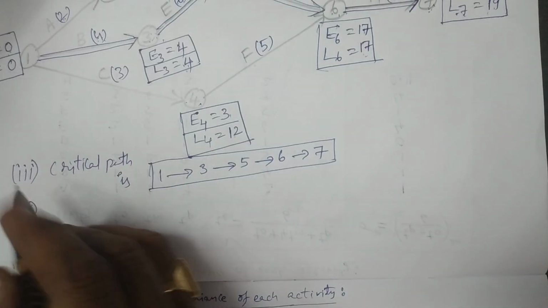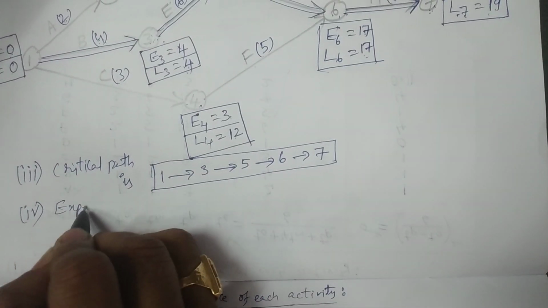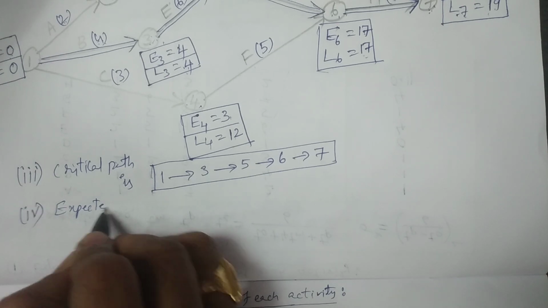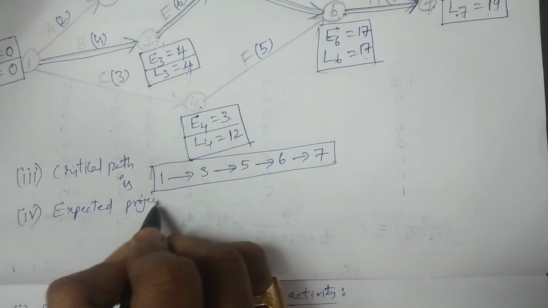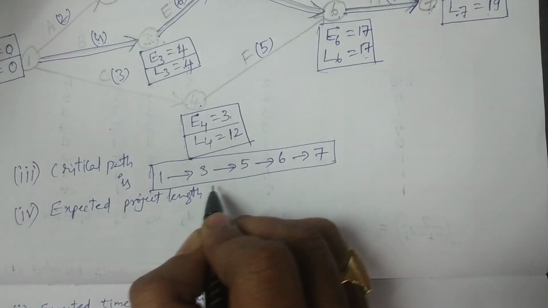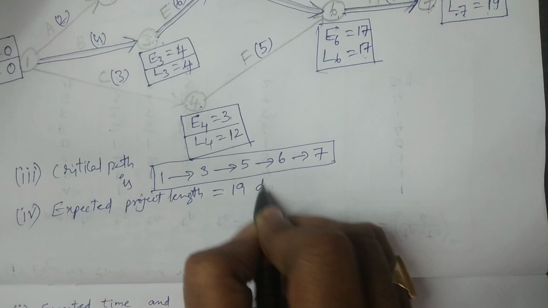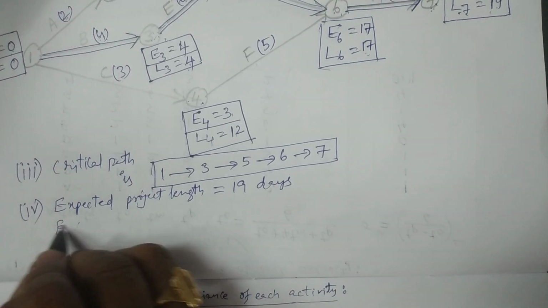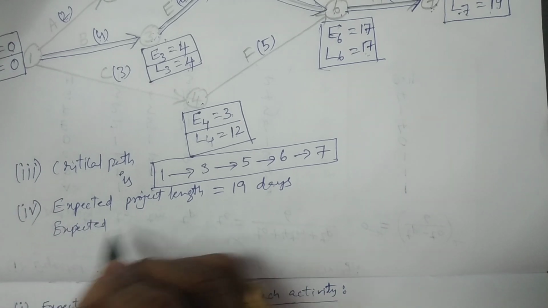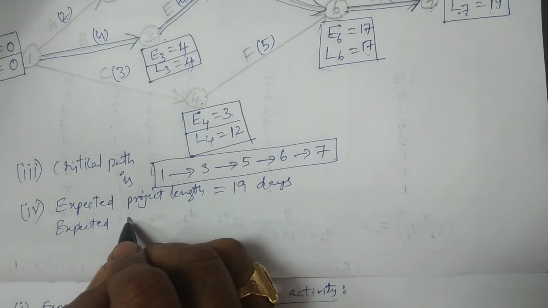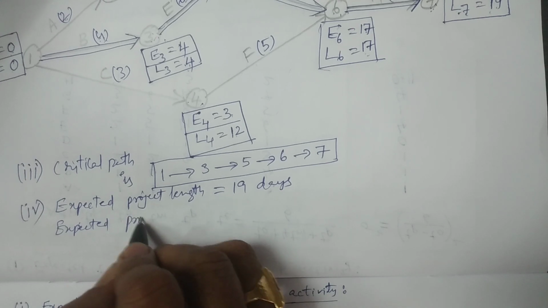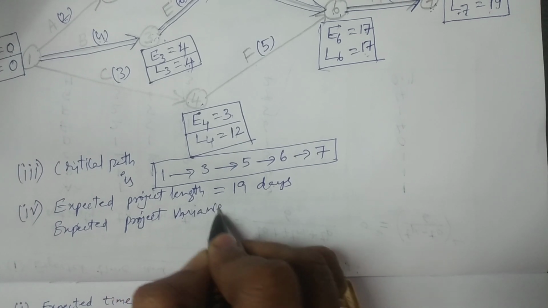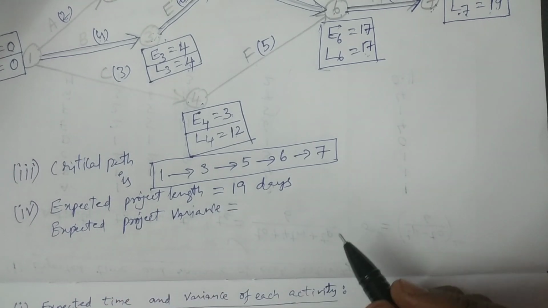This question has two parts. The expected project length is 19 days, because it was given in days, and then the variance of the project length.